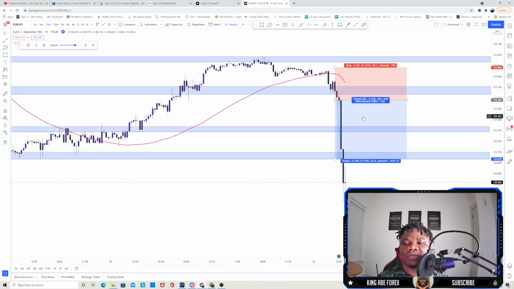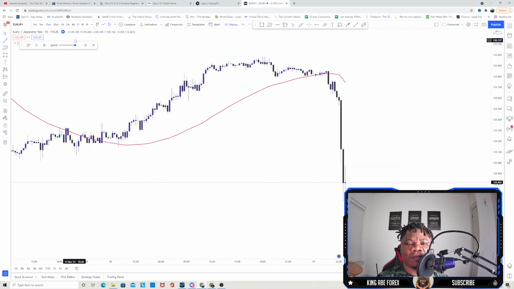Always remember, once you have your first take profit smashed, just move your stop loss to entry price, and even take partial profit if you can, and just keep trailing your stop loss. Or even just once you get 10, 15, 20 pips, just get out of the trade and call it a day, especially at this time. So this is how you use this strategy for a sell position.